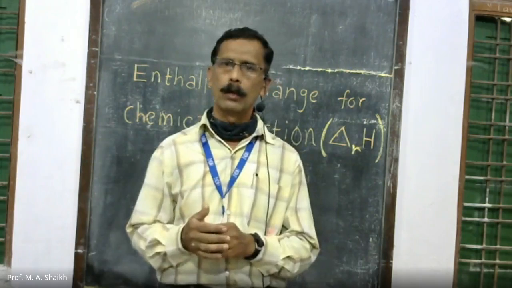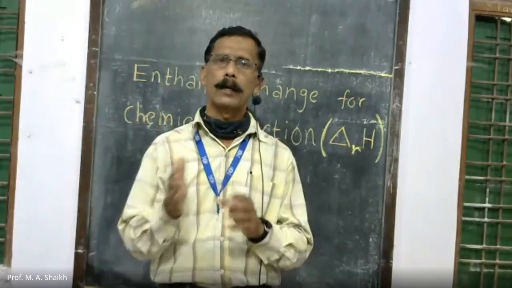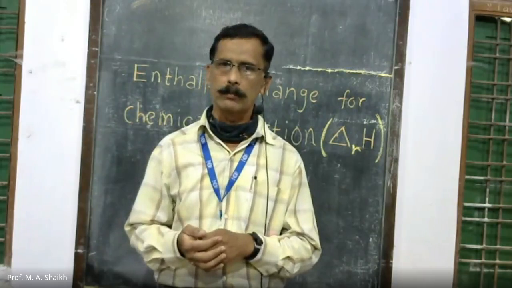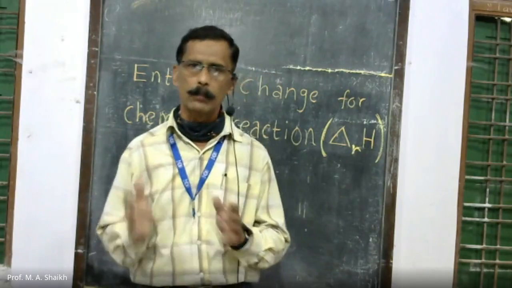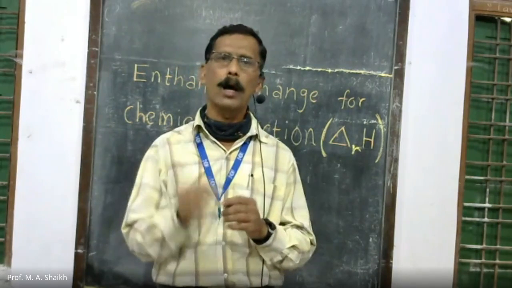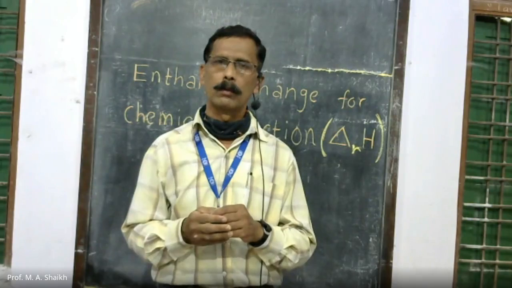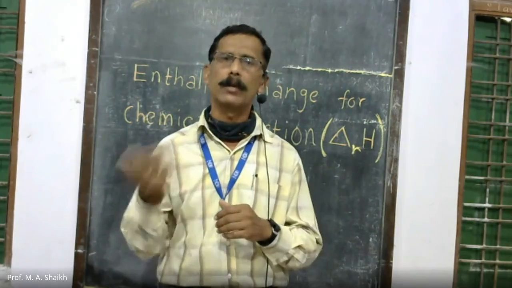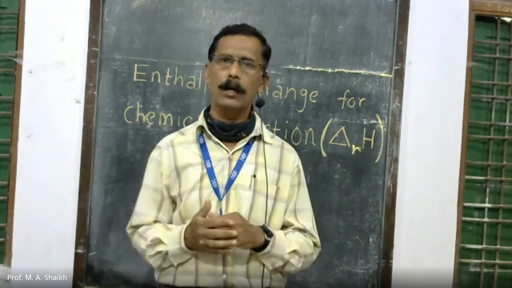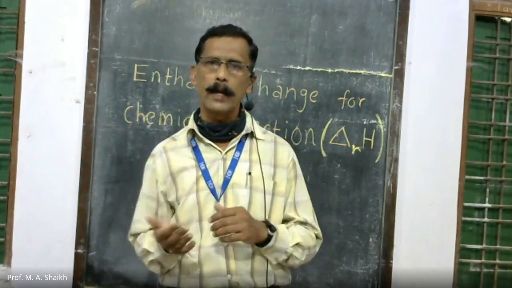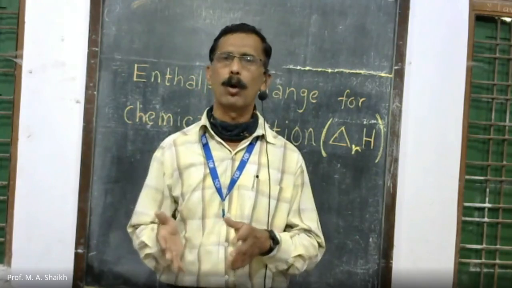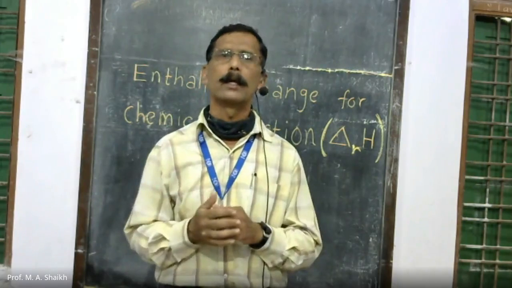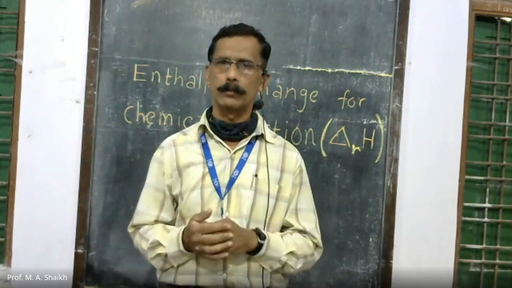So henceforth, you have to read delta HR as enthalpy change for chemical reaction. The small r written after delta, at the bottom of the delta, indicates the reaction. Delta HR is enthalpy change for reaction.